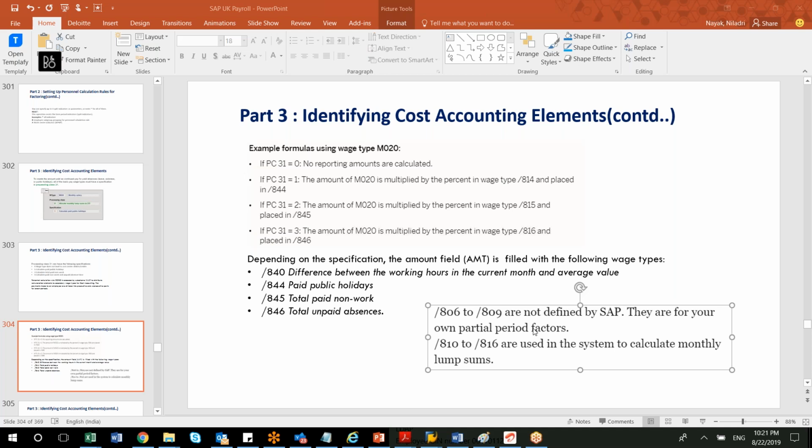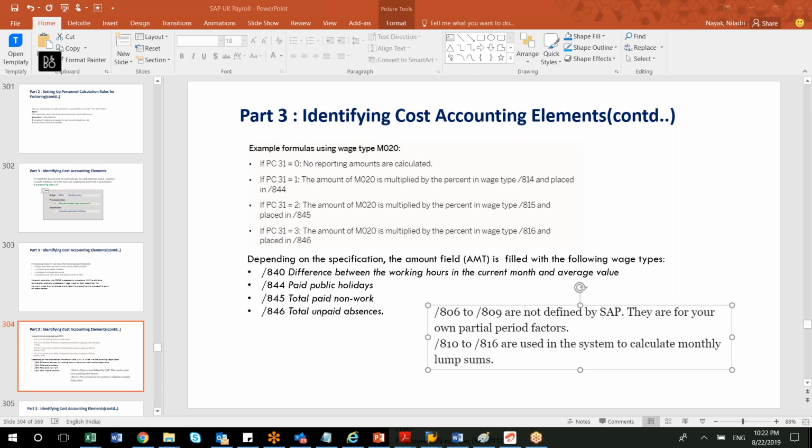But from my experience I have not seen that kind of scenario. Mostly, whatever factoring calculation SAP has given, 90% of organizations meet their criteria. So whatever SAP has given from /801 to /805, I'll be explaining how these are calculated, /801 to /802.